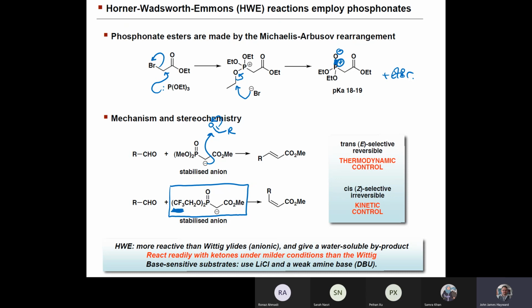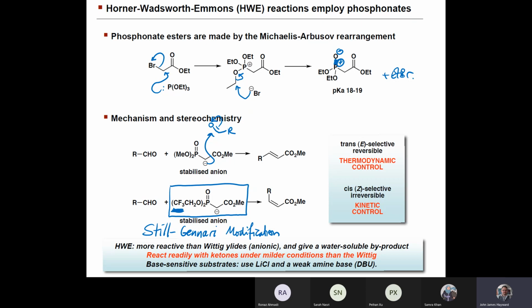And that is sometimes known, or usually known, as the Still-Gennari modification. Okay. There are other modifications as well, but this works really quite nicely a lot of the time.